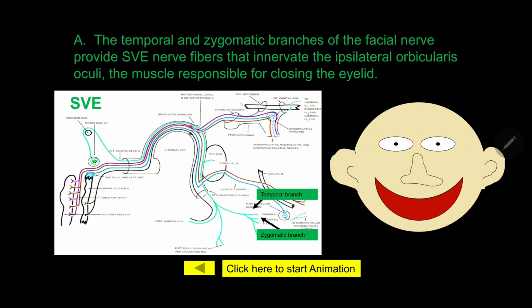So the impulse starts again from the motor nucleus, follows the course of the facial nerve, then splits and reaches both the divisions, right? That goes and stimulates the orbicularis oculi and helps in closing the eyelids.